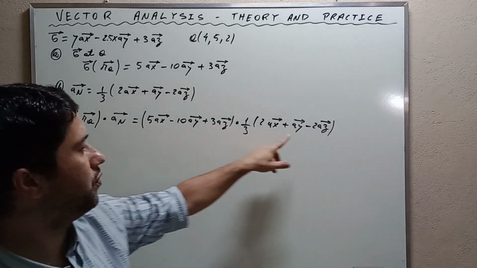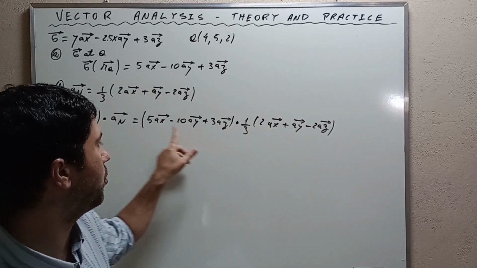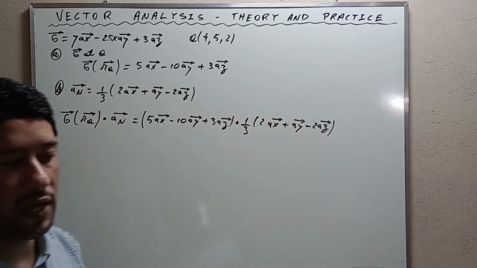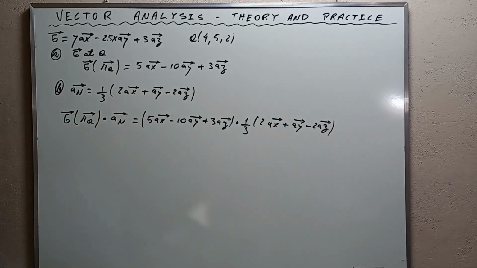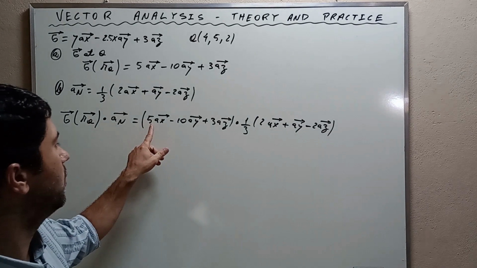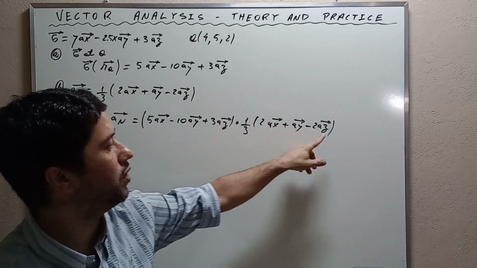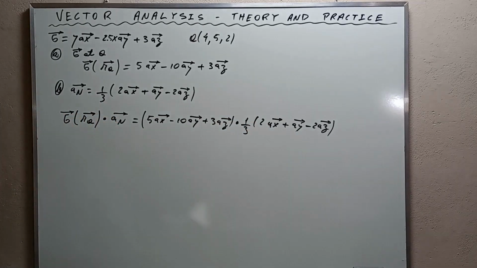But ax with ay is not, because the angle between ax and ay is 90 degrees, and the cosine of 90 degrees is 0. Then we are only going to multiply the similar directions.